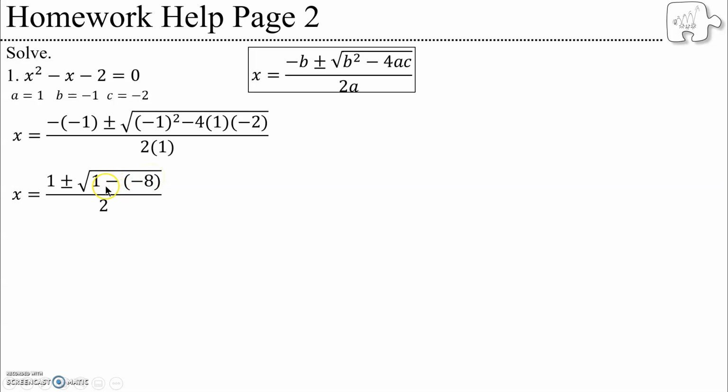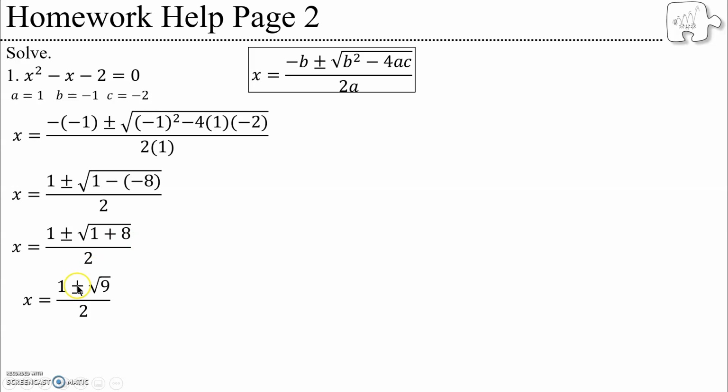So now it's going to be the sum of 1 and positive 8. So we have 1 plus or minus the square root of 1 plus 8 over 2. And now in order to find the square root, we have to condense the inside down to a single number first. So what is 1 plus 8? Well, 1 plus 8 is 9. So we have 1 plus or minus the square root of 9 over 2.